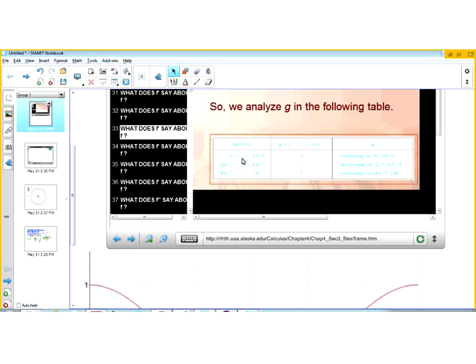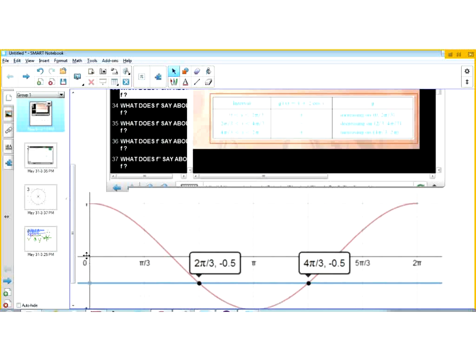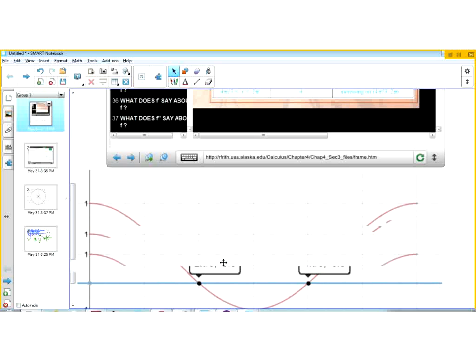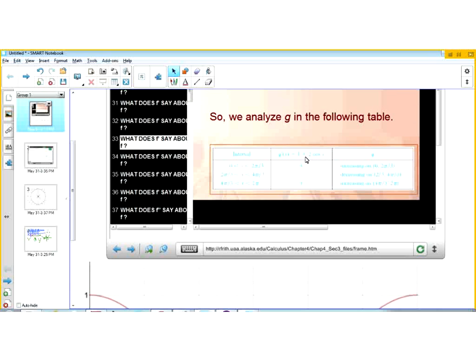If x is less than 2 pi over 3, and we're on the interval 0 to 2 pi, then the cosine function would range between 1, as shown in this graph, to -1/2, and all numbers between -1/2 and 1. So whenever you plug a number between -1/2 and 1 into this function right here, the output will be positive. So g prime of x will be positive on this interval.